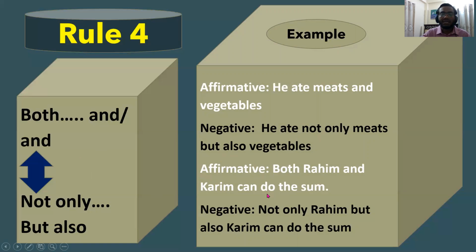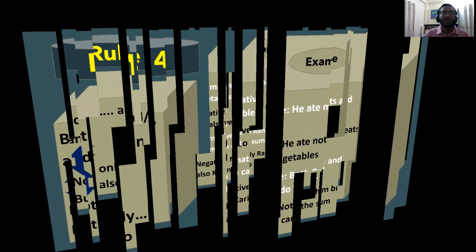Both Rahim and Kareem can do the sum. Negative: not only Rahim but also Kareem can do the sum. The same thing. Okay? Can you understand now? I think it is very clear to you. If you face any kind of problem, then you have to stop the video and see it again. Okay? Now go to the next.